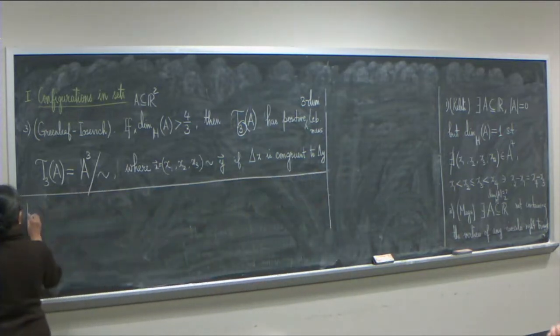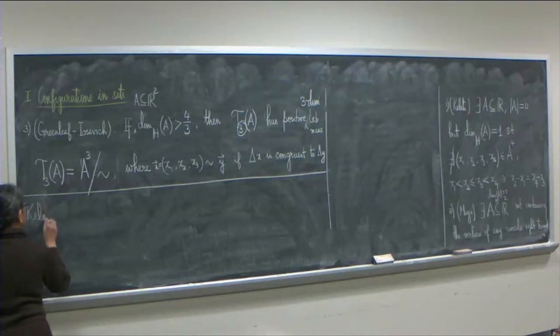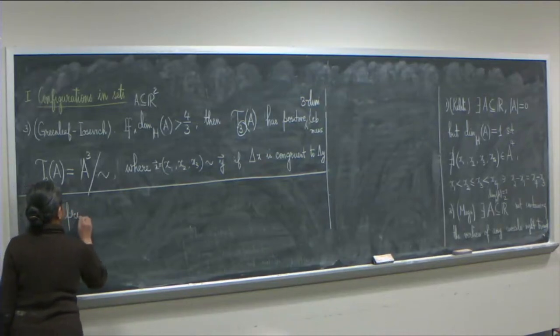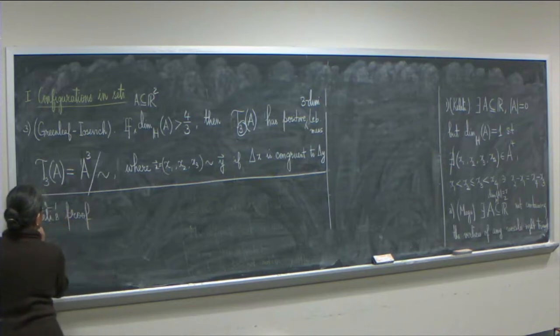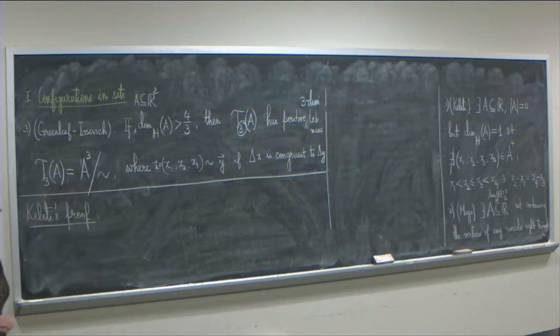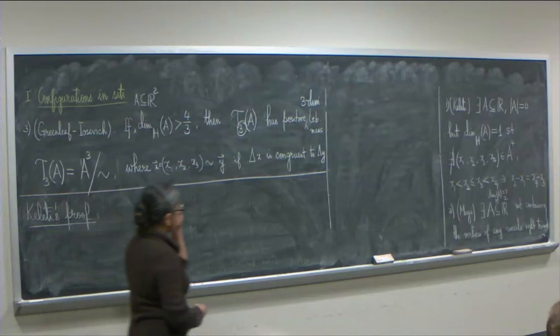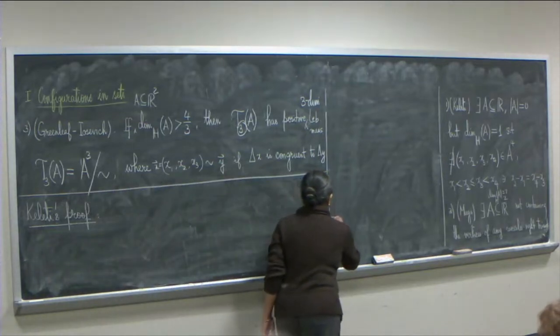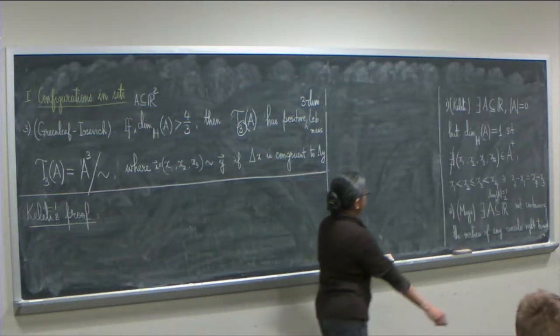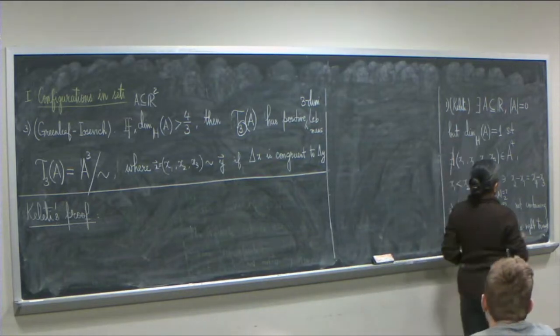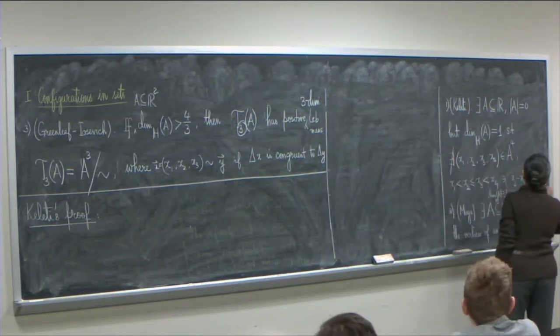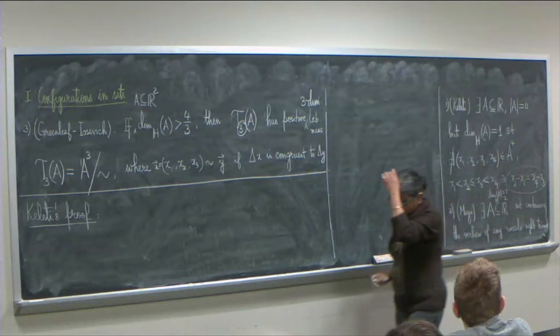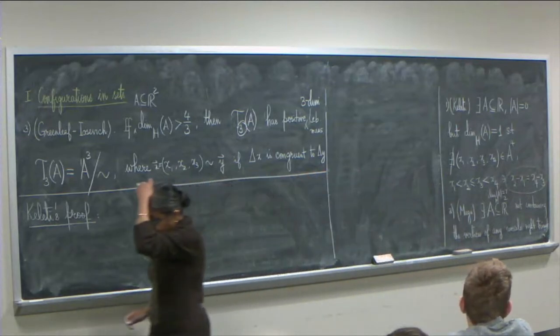So let's talk about Keleti's proof. What are we trying to do here? Our aim is to find a set of full Hausdorff dimension, but such that it avoids all non-trivial solutions to that equation. Okay.